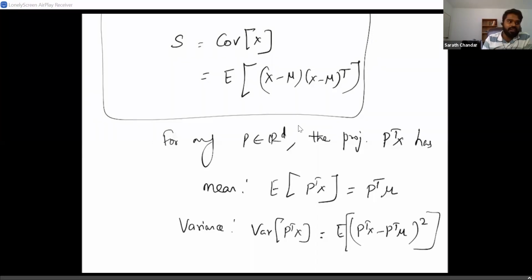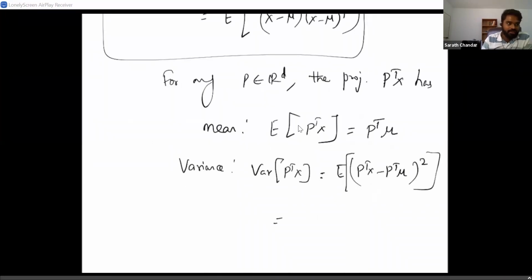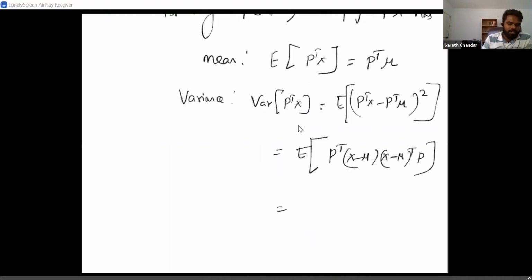In the projected space, I could write this as the expected value of p transpose (X minus mu)(X minus mu) transpose p. Now you take the p transpose out, and what is left, the expected value of (X minus mu)(X minus mu) transpose, is essentially the covariance of the data, with p on either side. Is that clear?